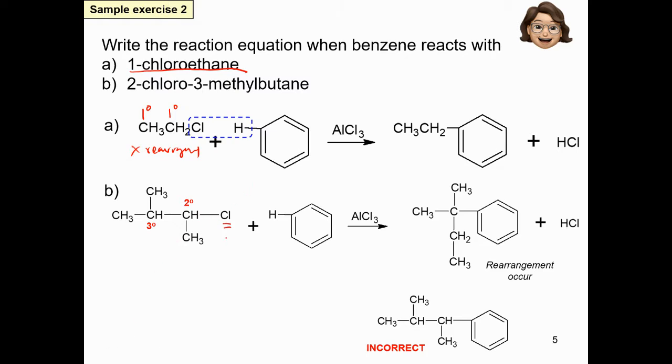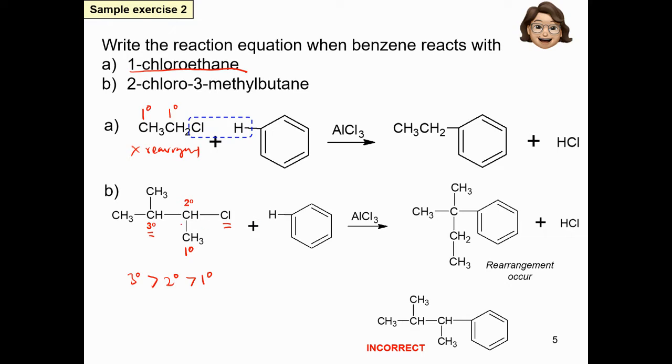I have a halogen here, so I can have secondary. The carbon attached to the chlorine is secondary. If I shift by rearrangement, I can get primary. And if I shift another one, I can get tertiary. Tertiary is more stable than secondary, which is more stable than primary.